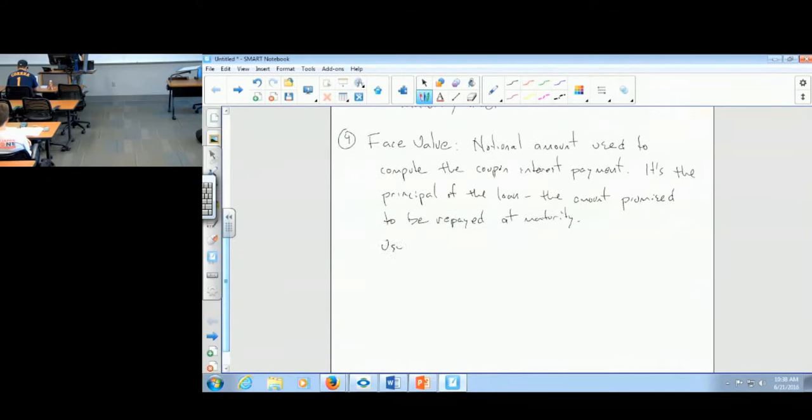Usually this is $1,000, but it can be any amount. For example, $100,000 face value and $200,000 face values are common.